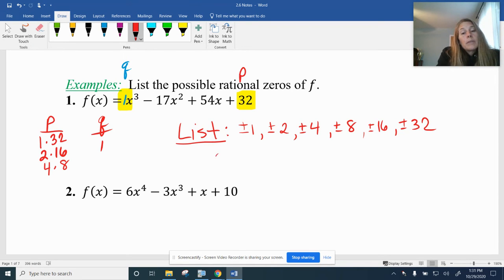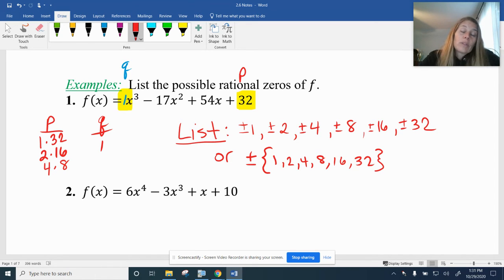Now, sometimes they can also be written with a plus or minus out in the front and then some sort of grouping symbol. Then you can list all your numbers inside of the grouping symbols and just put the plus minus once on the outside.